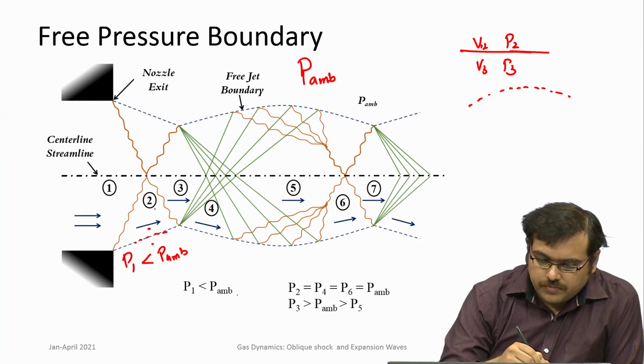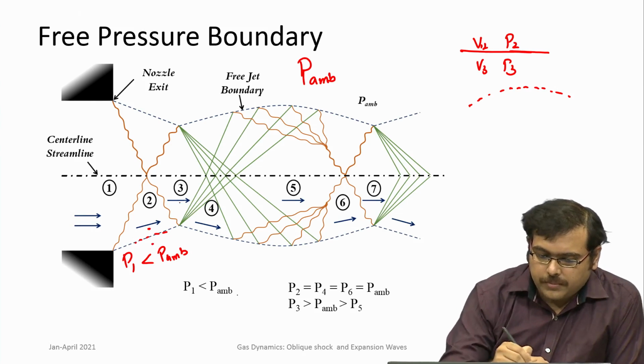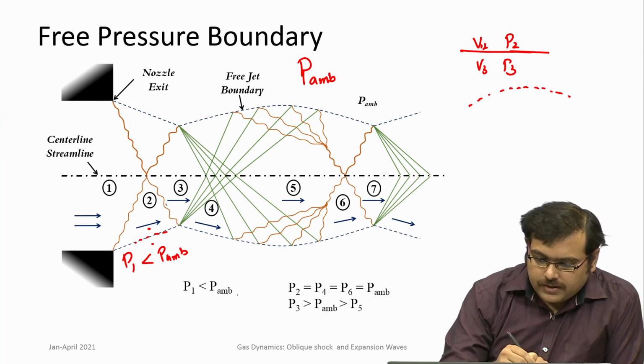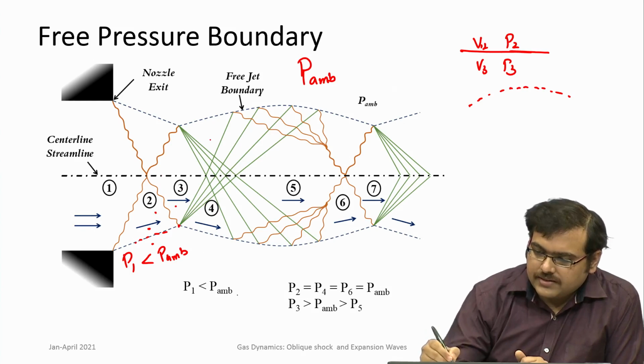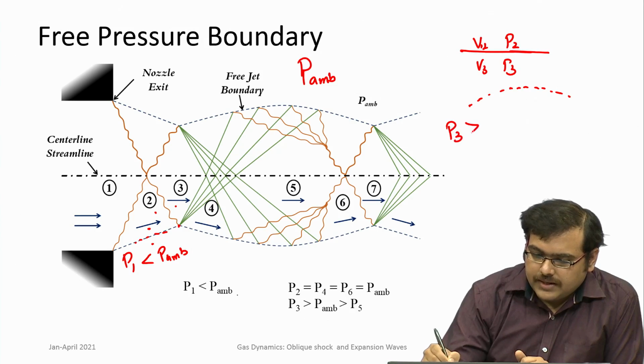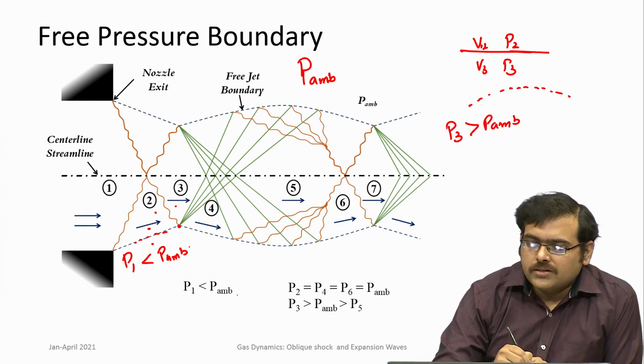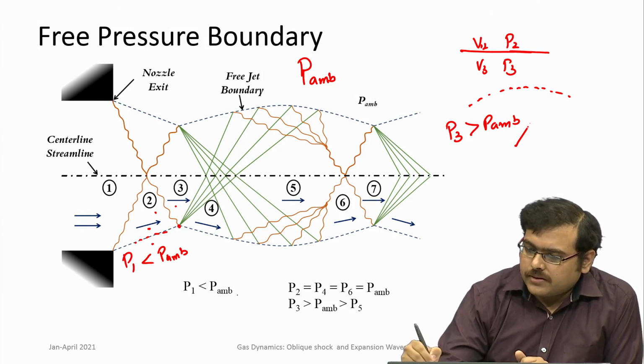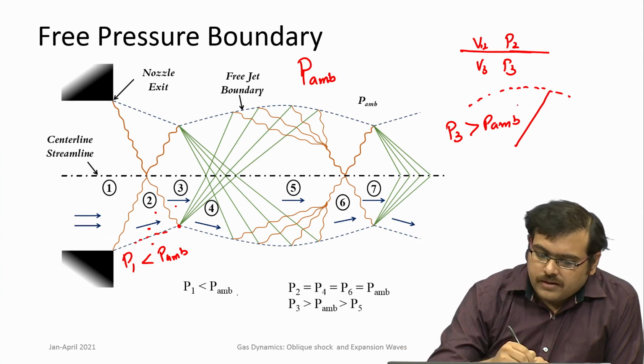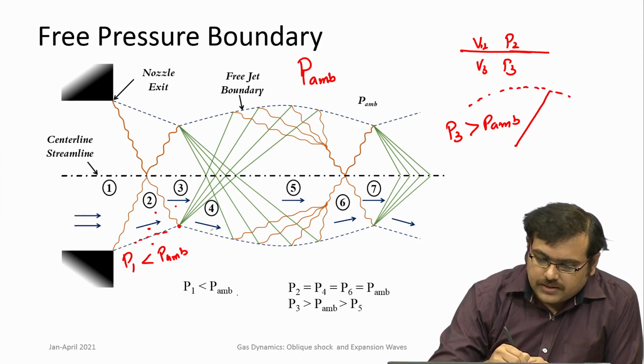Okay. So, in P2 the pressure is equal to ambient, but shock interactions can happen again with this boundary. So, there is another shock here, P3. If this was P ambient, then at P3 the pressure has increased again. So, P3 is greater than P ambient. Now, this shock comes and interacts with the free pressure boundary. So, when shock waves interact with the free pressure boundary, what should happen in the succeeding region?